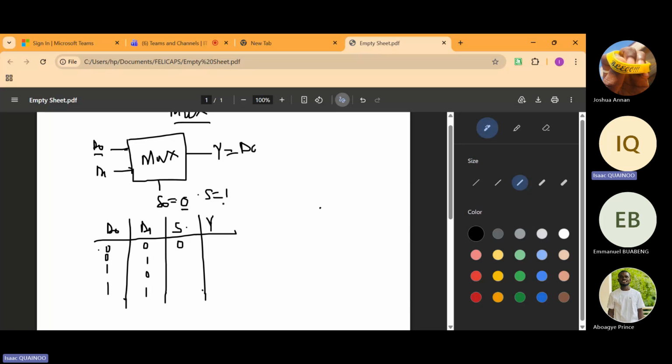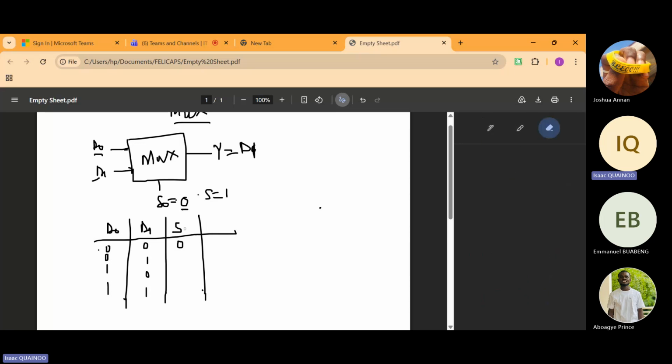If S is 1, then D1 will be selected, so Y is equal to D1, just as simple as that. There is no need to draw all possible combinations for D0, D1, etc. We can just simplify our truth table as follows.